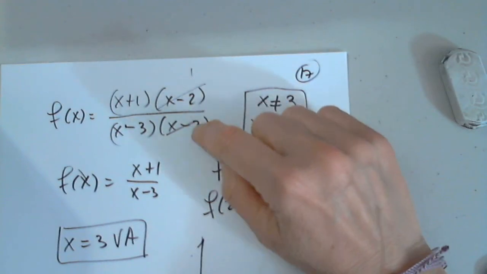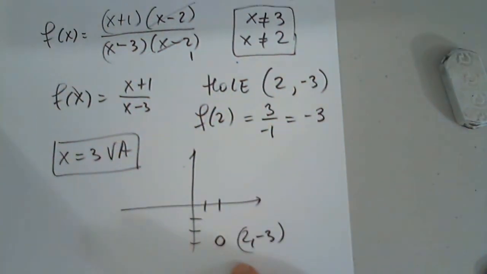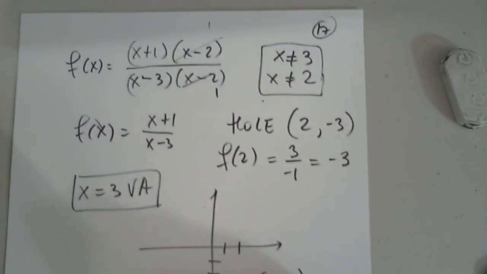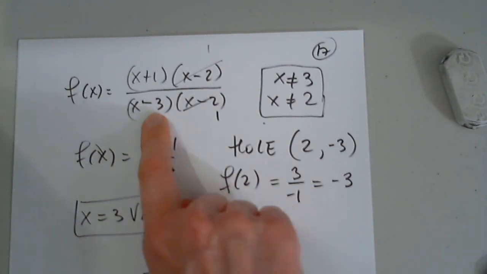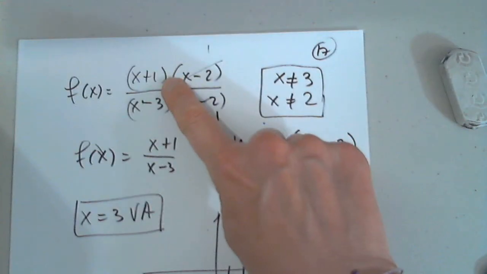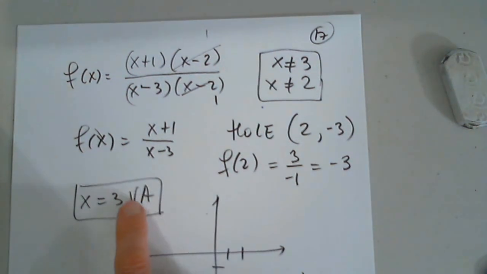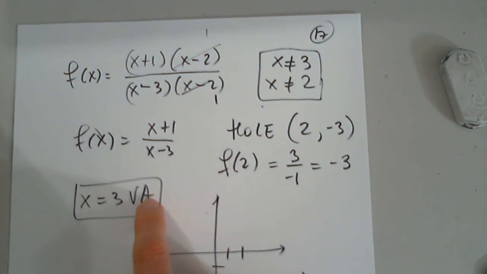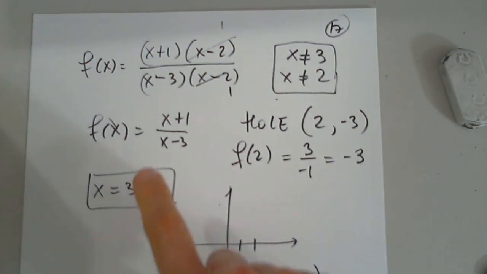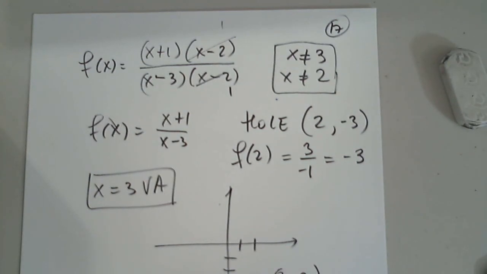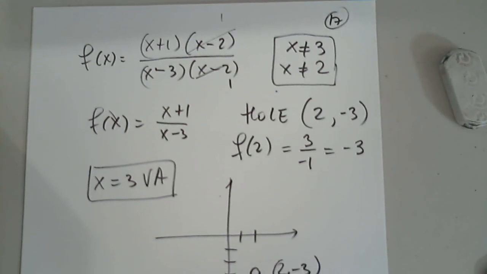If a factor simplifies, then it will be a hole in the graph. If the factor does not simplify, like x minus 3 does not simplify with a factor of x minus 3 at the top, in that case, this will stay as a vertical asymptote. Very good.